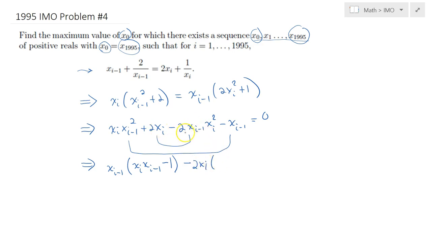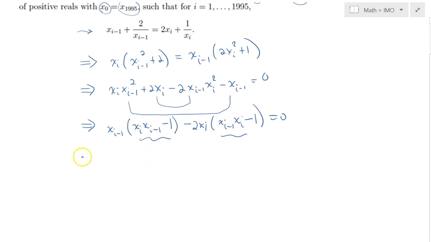These terms are common, so we can further group them together. Therefore we would have x sub i minus 1 minus 2x sub i times x sub i minus 1 minus 1 is equal to 0.